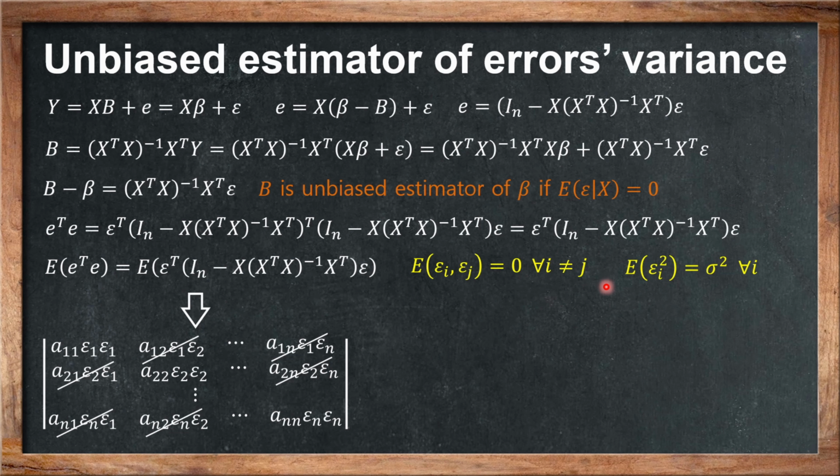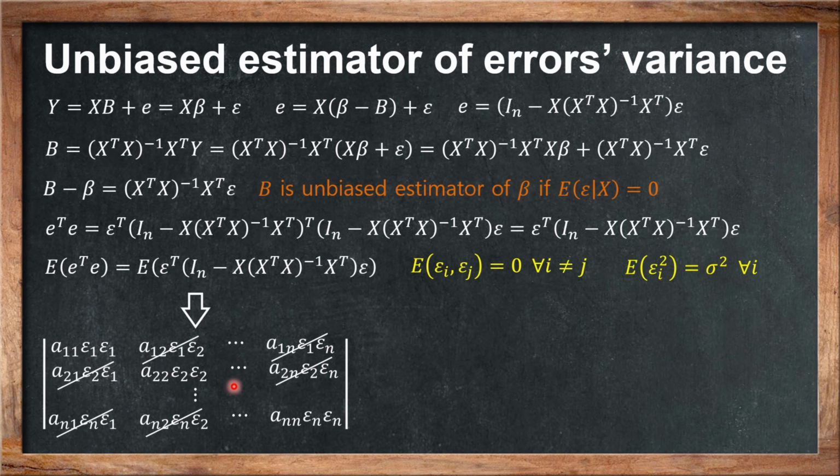And since we also presupposed that the expected value of epsilon squared will be equal to sigma squared for all subscripts of epsilon, then the expected values of all these terms will be equal to sigma squared.